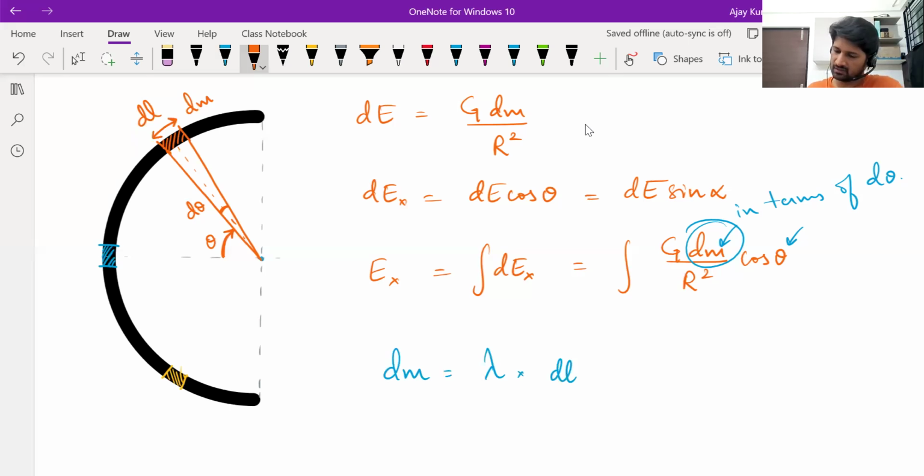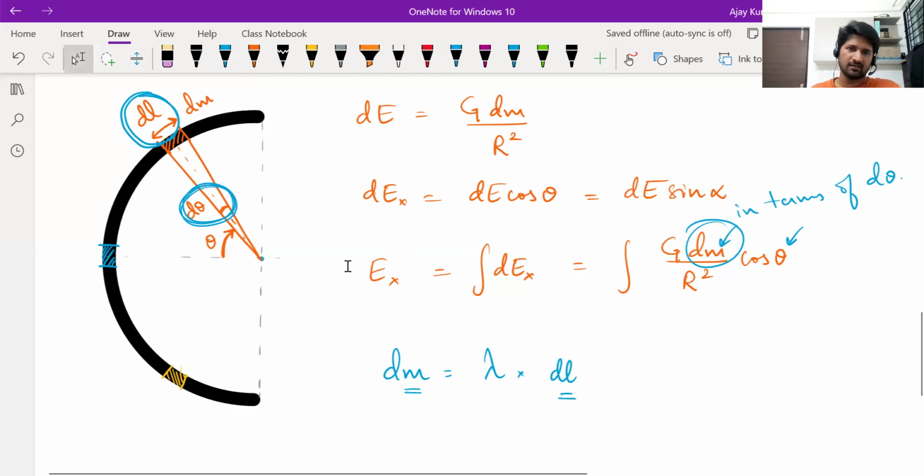dm is lambda dl, but here we got dm in terms of dl. That is not our aim. We want dm in terms of d theta. So we need some more substitution. You need to relate length of this element dl to the angle subtended by the element d theta. Now that element is in the shape of an arc. It's a very small arc whose length is dl, and the angle made by the arc at the center is d theta.